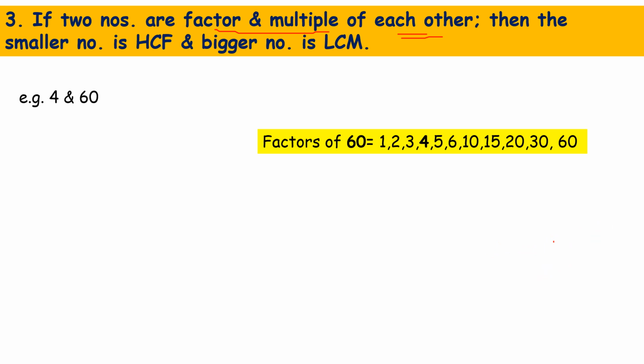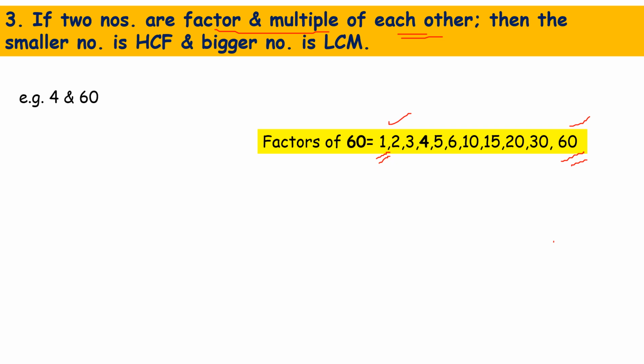First obviously we start with 1, and 60 will always be there, 1 and the number itself will always be there. So in this case 1 and 60, and in between we have 2 will divide 60 completely, 3 will divide, 4 will divide, 5 will divide 60, 6 will divide, 10, 15, 20, 30, 60. So these all are factors of 60. That means these all numbers will divide 60 completely.